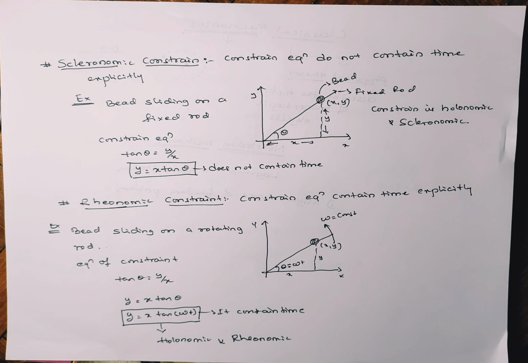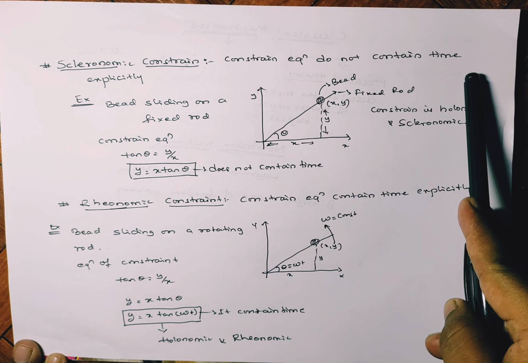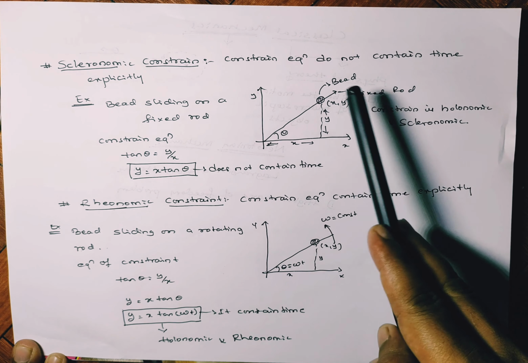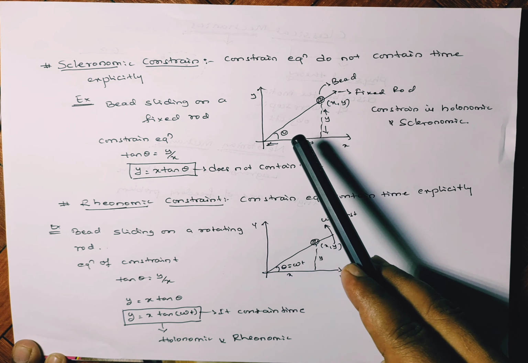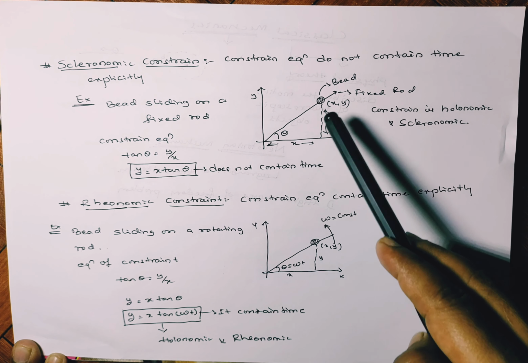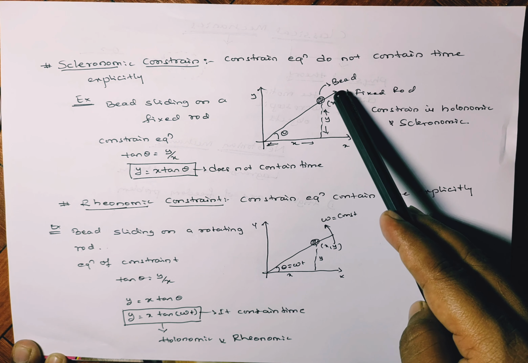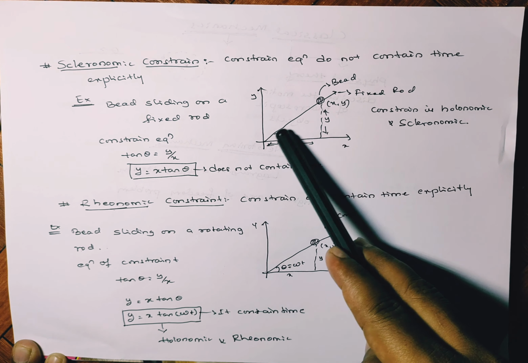So here the scleronomic constraint is a constraint that does not contain time explicitly, right? Means the constraint equation does not contain time explicitly. Let us see one example. Here there is one bead sliding on this fixed rod.